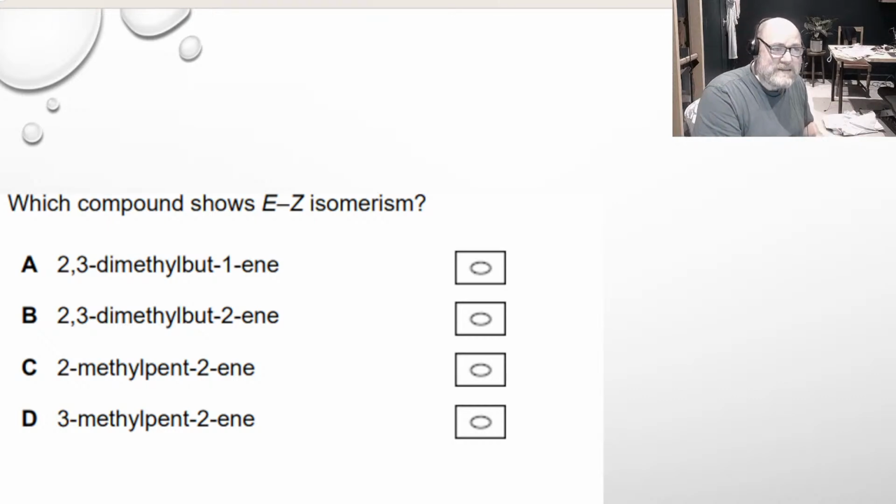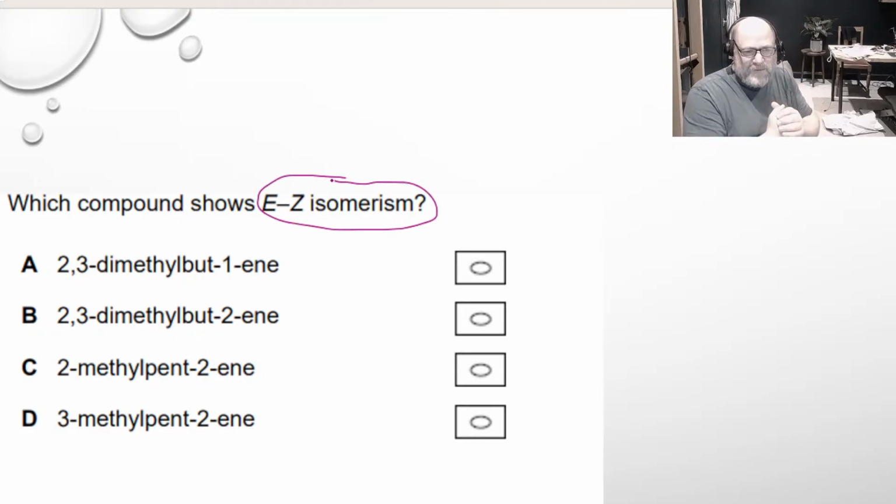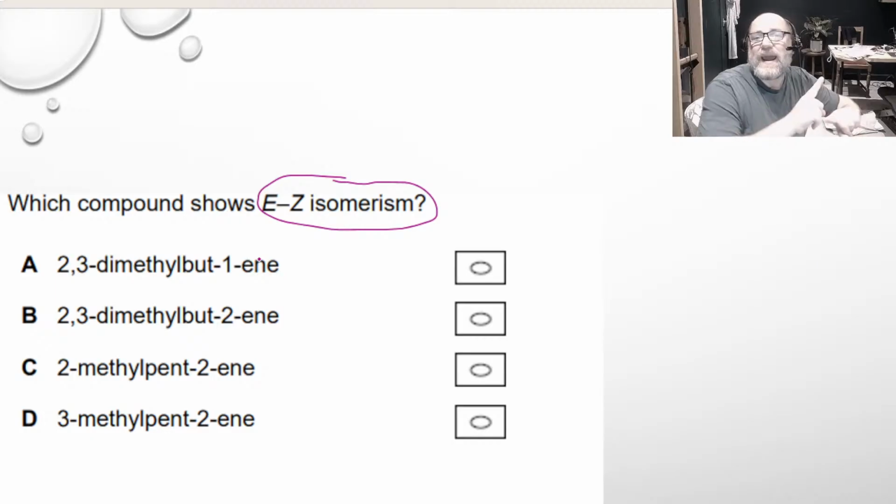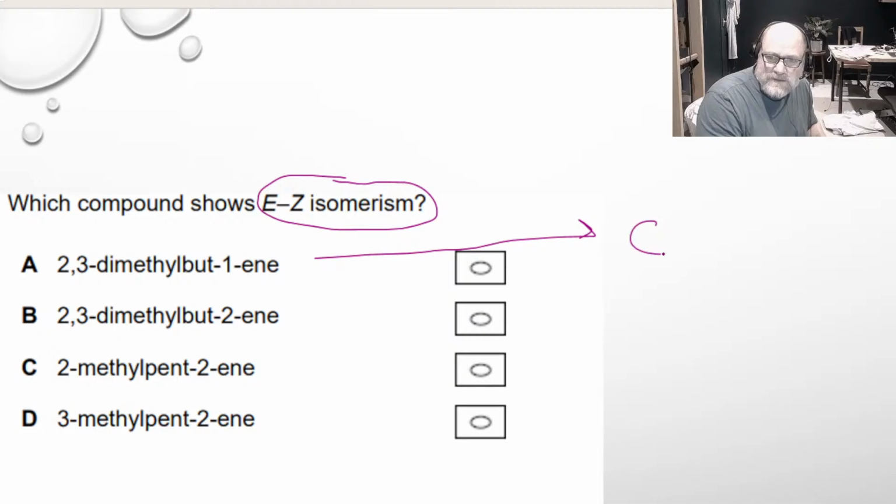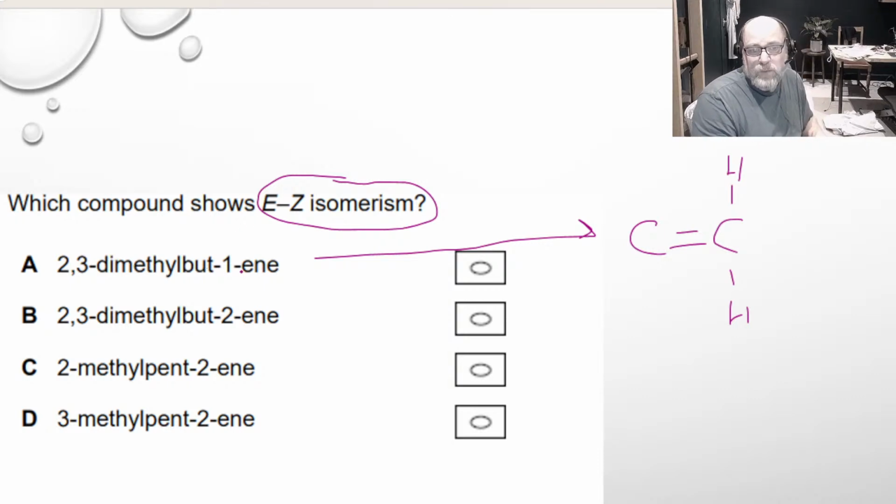So it says which one of these can do EZ isomerism. What we want to look at straight off the bat is, what ones can I cancel out straight away? If I have but-1-ene, it ain't doing EZ, because when the double bond is at the end, look, it's going to have 2,3-dimethyl-but-1-ene.